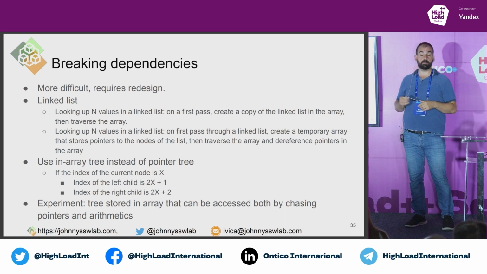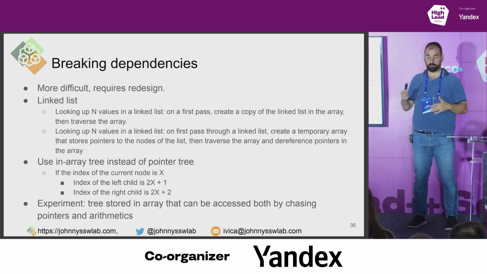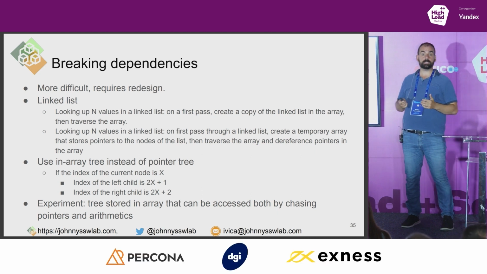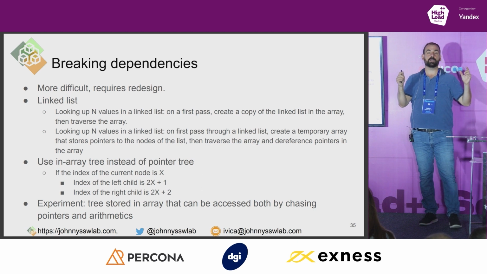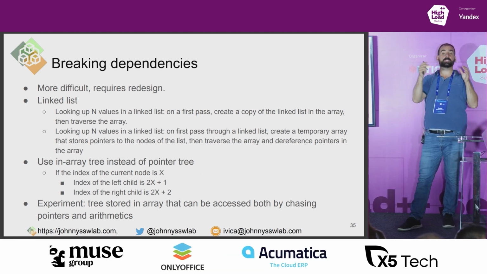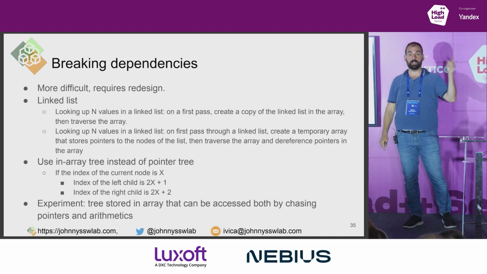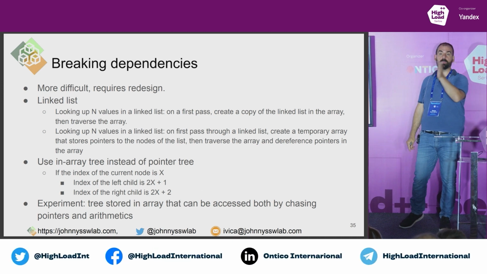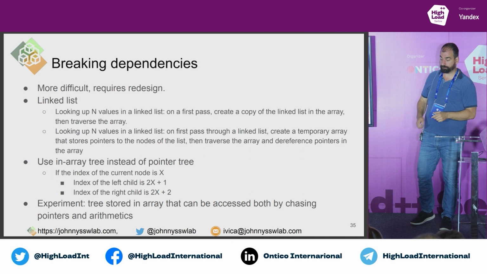And finally, breaking dependencies. This is more difficult. It requires thought, it requires design. For linked lists, for example, one way to do this is, on the first pass, you pass through the linked list, create a copy of it and store it in an array. In all the other passes, instead of going through the linked list, you go through the array. So you only pass through the linked list once.